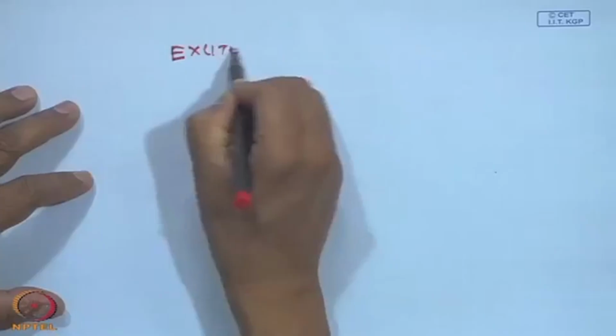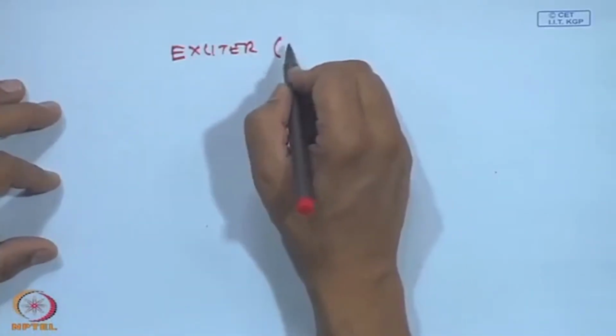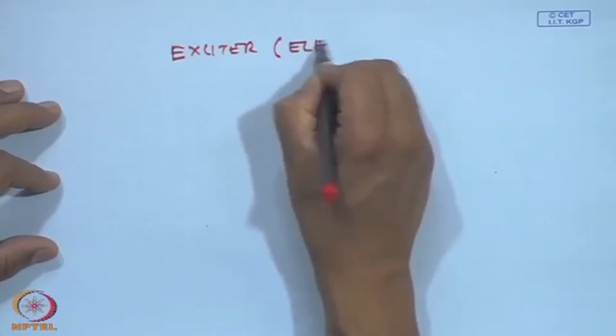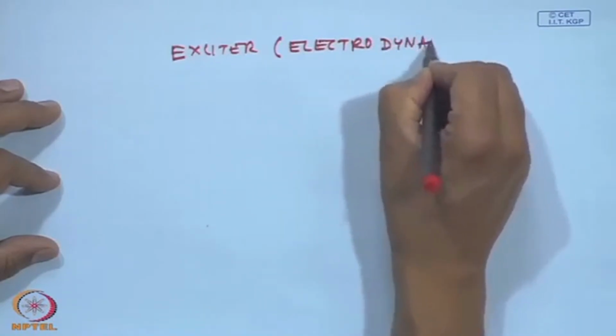How do you excite the system? Through an exciter. Usually, because it is a large gas turbine, we can use heavy electrodynamic exciters.